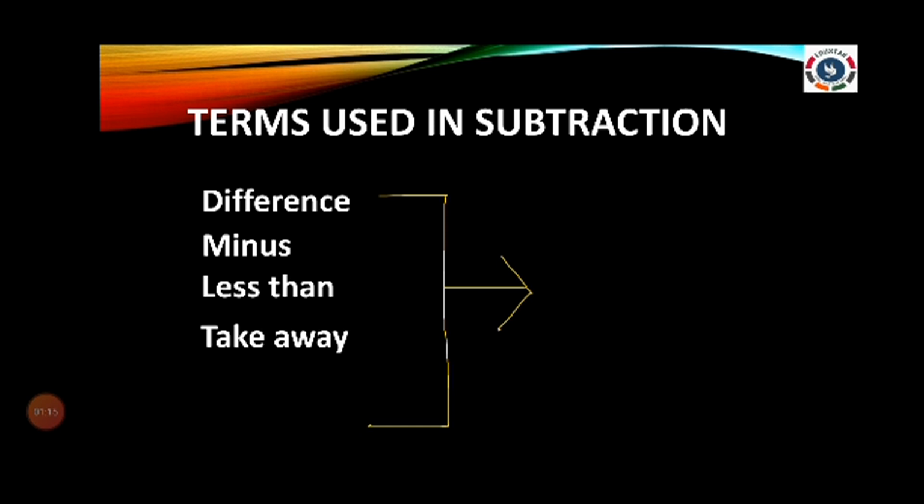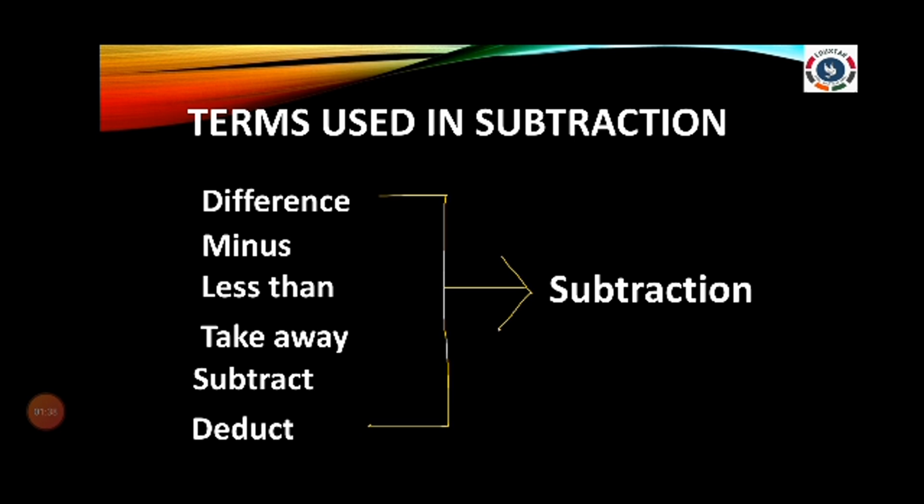And take away, then subtract, then deduct. Deduct means reduce the values. So difference, minus, less than, take away, subtract, deduct. These are all words related to subtraction. We have to subtract the values. These words reduce the values. So it all comes under subtraction.